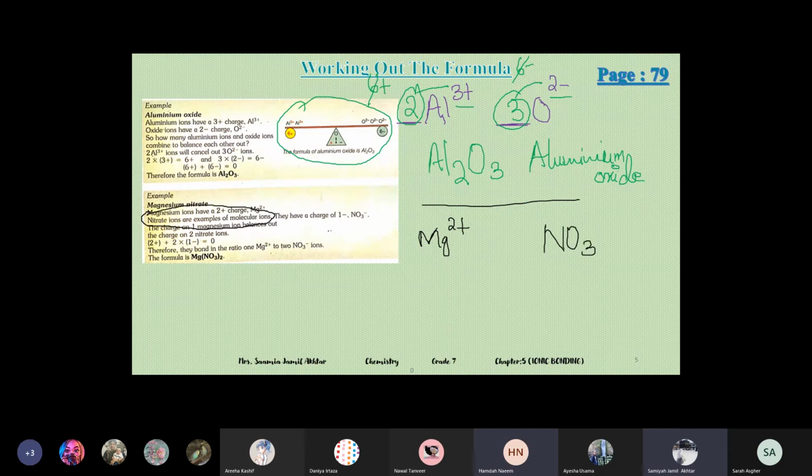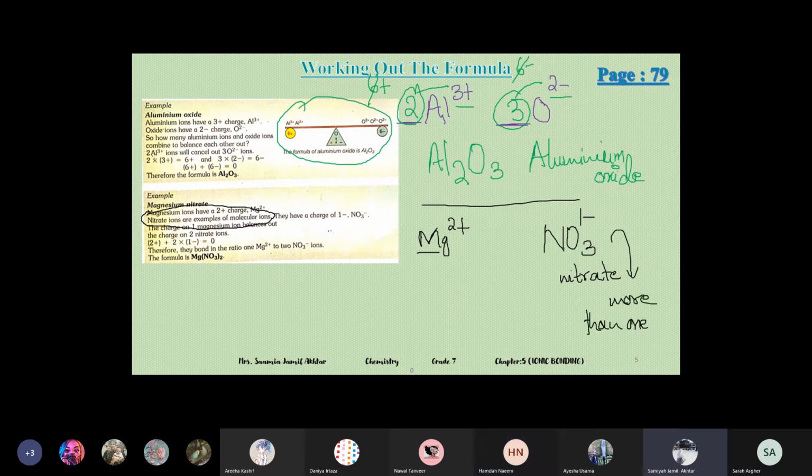Previously we studied the positive and negative ions which contain only one element, like oxide, chloride, magnesium ion, sodium ion, iodide ion. They contain only one element. But these types of ions, like nitrate, are known as molecular ions, and they contain more than one element.